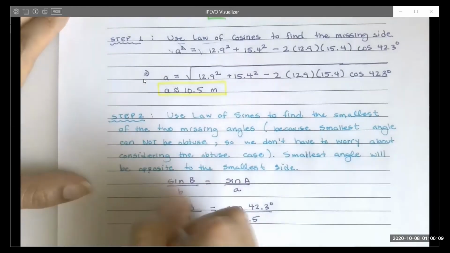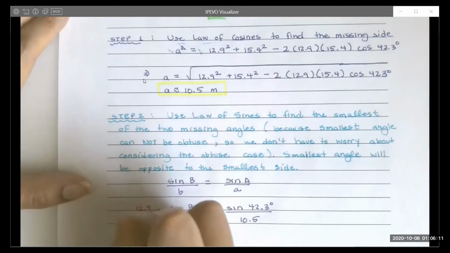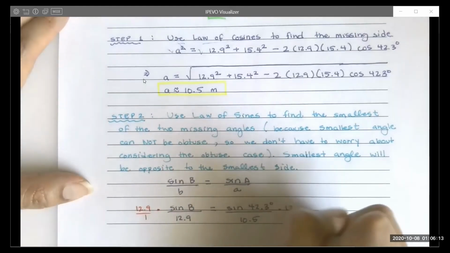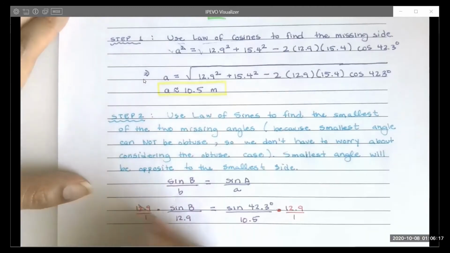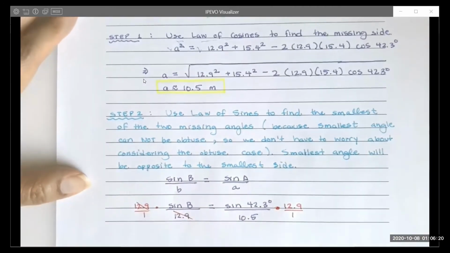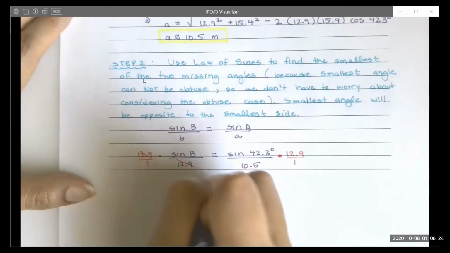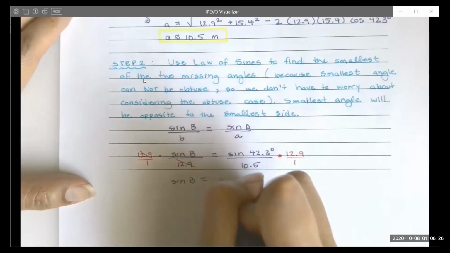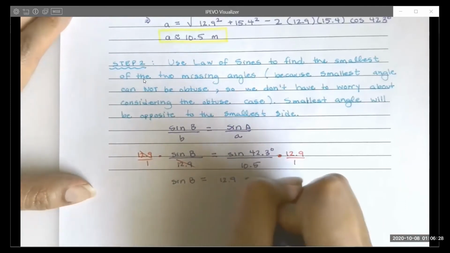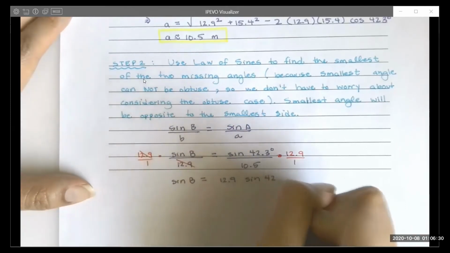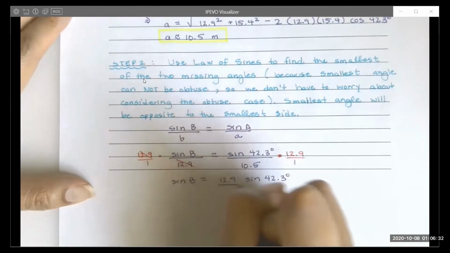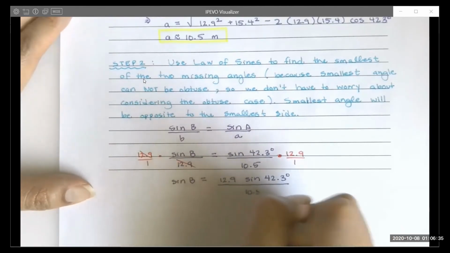So from there we're going to multiply both sides by 12.9. These are going to cancel. And we're going to get sine of B is equal to 12.9 times sine of 42.3 degrees all over 10.5.